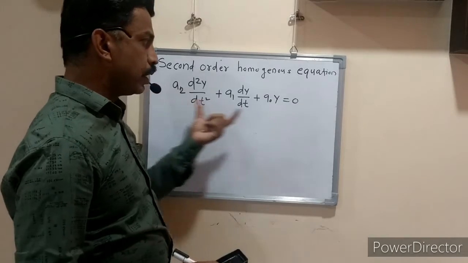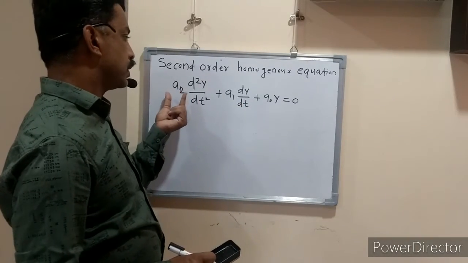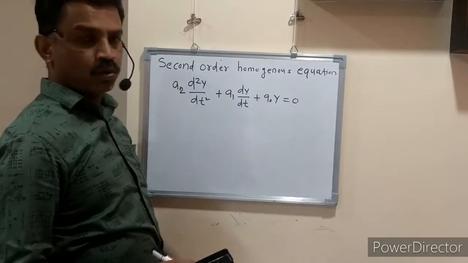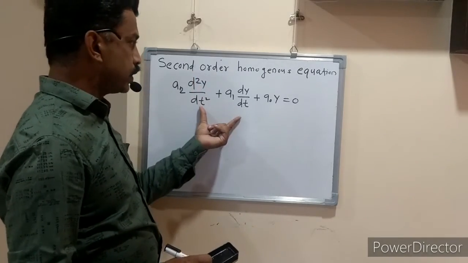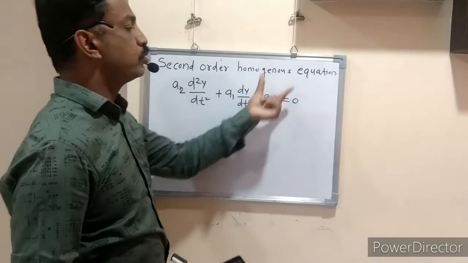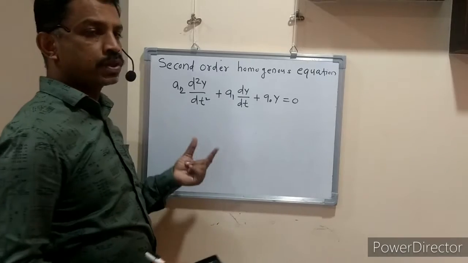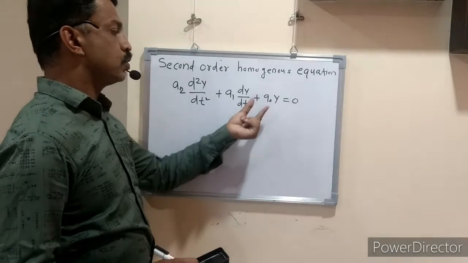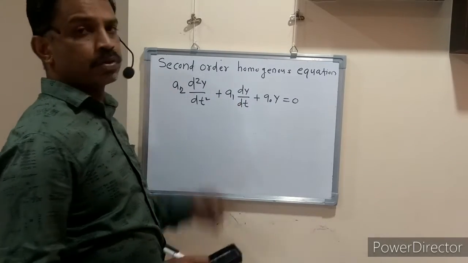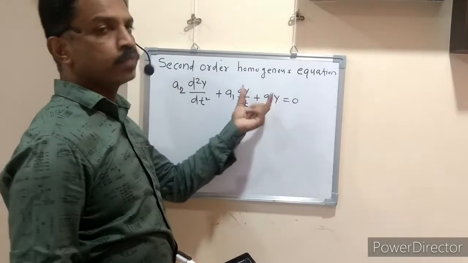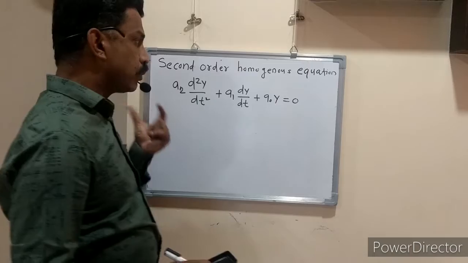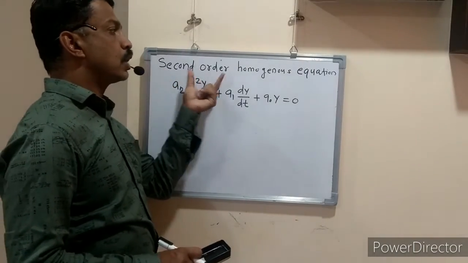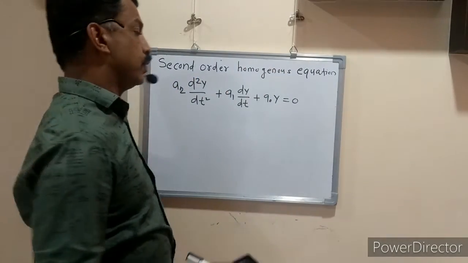Here if a2, a1 and a0 are constants, then such type of equation is known as second order homogeneous equation with constant coefficients, where a0, a1 and a2 are the constant coefficients, meaning they are fixed numbers.